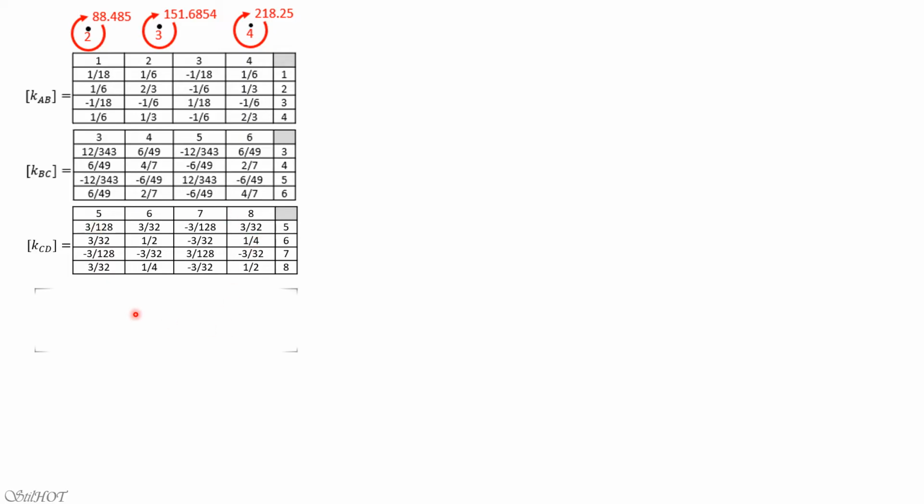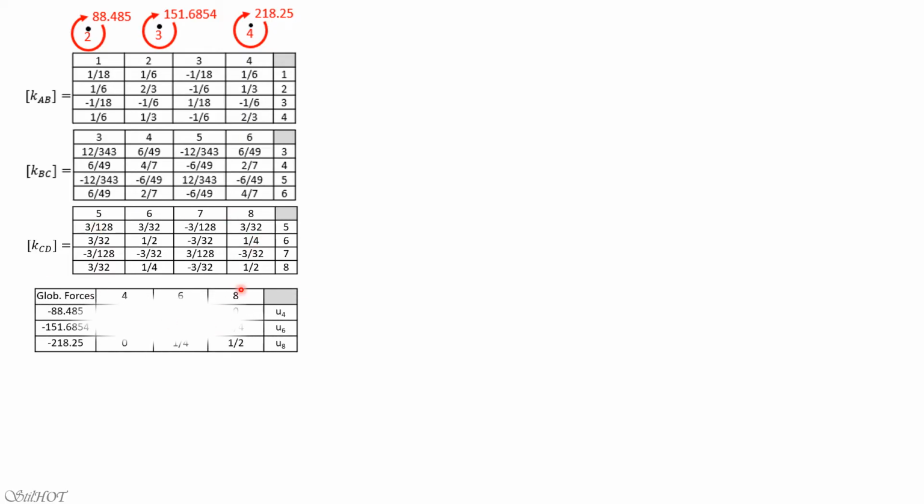So you just cut and paste. And these are the global forces. Again, we need 2, 4, 6, and 8. So 4, 6, and 8. So these are the nodal loads or global forces. Everything was clockwise, so they are all negatives here.